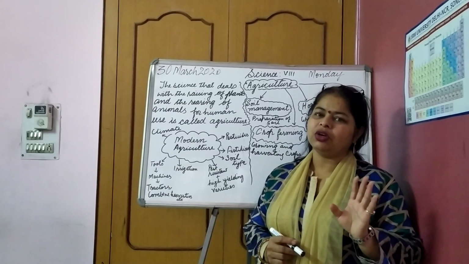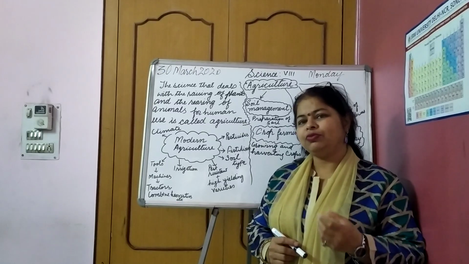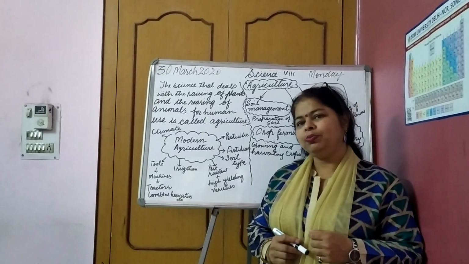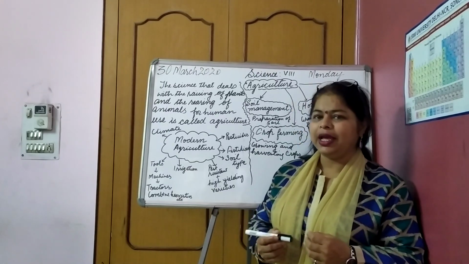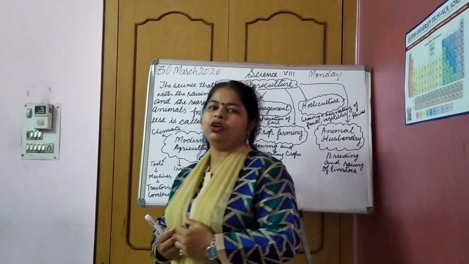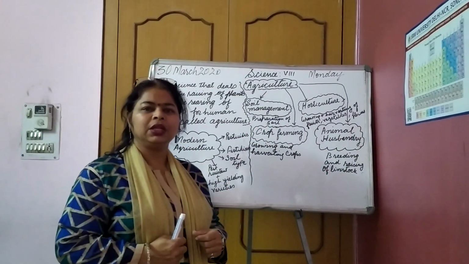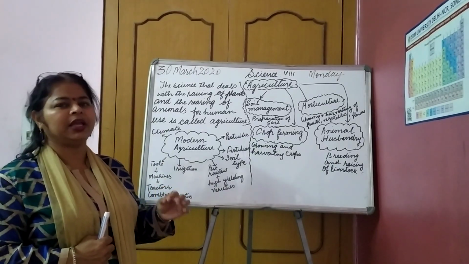If you have read in your social science, early man used to eat raw food, and then he learned how to stay in one place and grow plants of one type and use them for his diet. And then the concept of agriculture came.